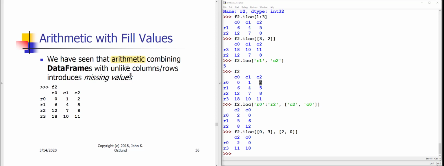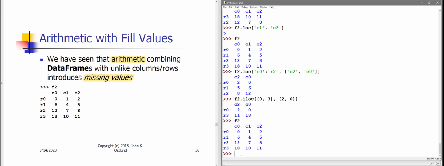Now we're going to take a look at arithmetic on data frames as opposed to arithmetic on series. We still have this issue of what if you try to add together 2 data frames whose rows and columns are not the same. I've already got F2 here with 0, 1, 2 in the first row, 6, 4, 5 in the second row, and so forth.